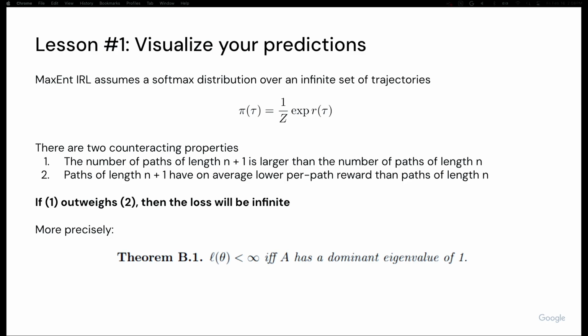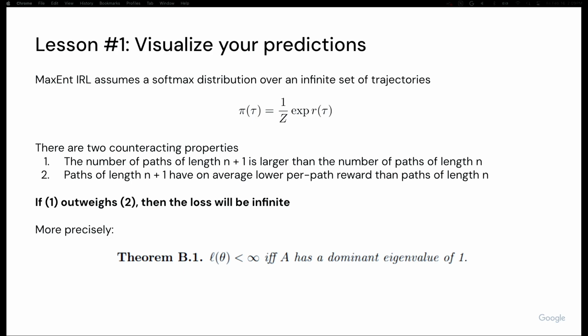First, the number of possible paths of length n plus 1 is larger than the number of possible paths of length n. If you have longer and longer paths, there are more possible paths between origin and destination. Second, paths of length n plus 1 have, at least on average, higher cost than paths of length n. Also obvious: longer paths, higher cost.